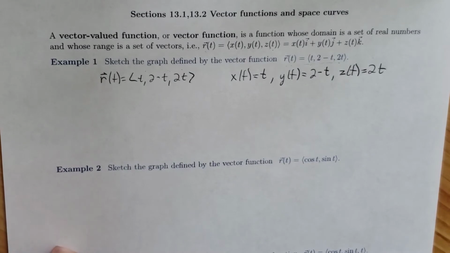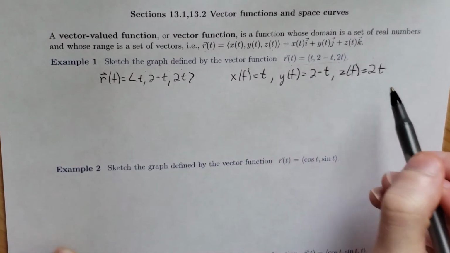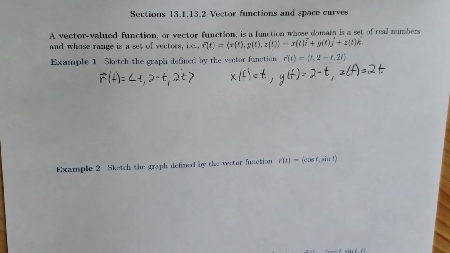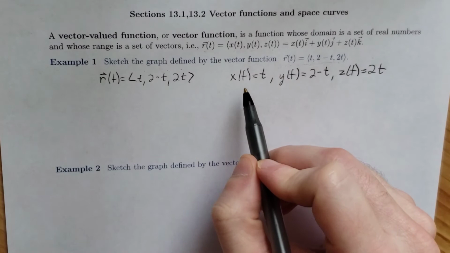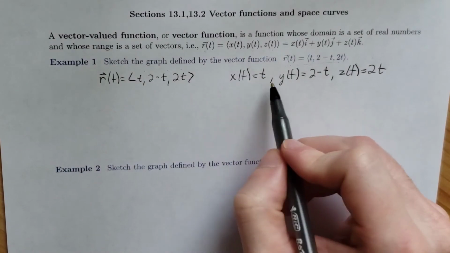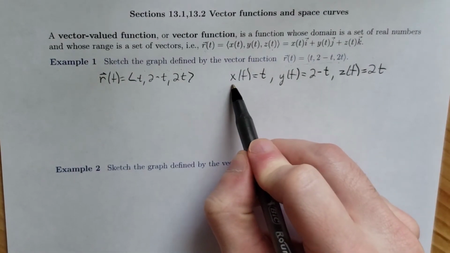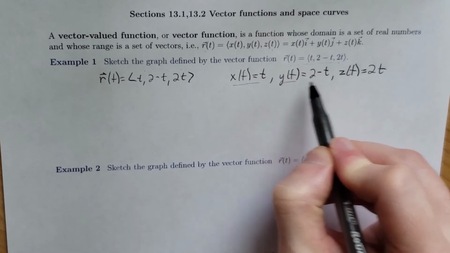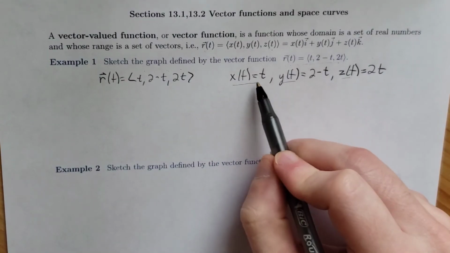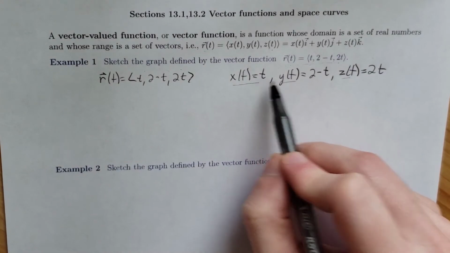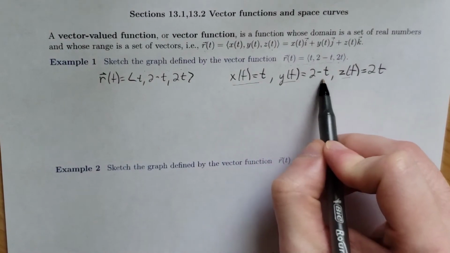So that is our parametric equations for this vector function. When we say parametric equations, that means we take our vector function and we write each of our coordinates x, y, and z in terms of a single variable, in particular that single variable t.